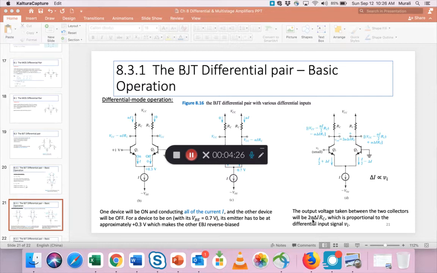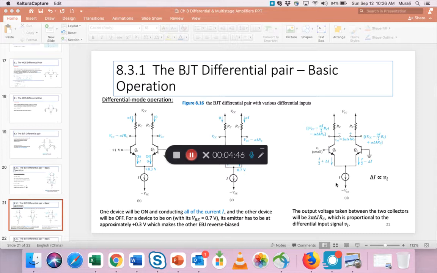In case of the MOS, we didn't have the alpha factor, but here the alpha factor comes in because these are BJTs. But this analysis, if I have the time, we'll do small signal analysis in some more detail on BJTs also. Otherwise, the analysis will look like what we'll do for the MOS.